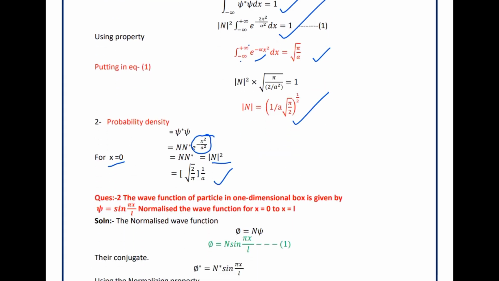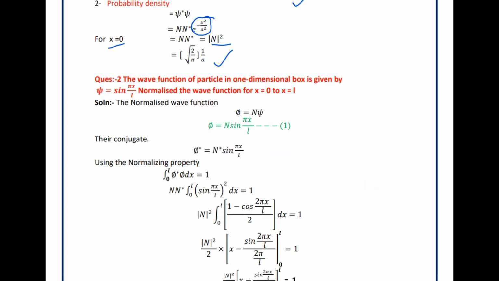Now take another example. The wave function of a particle in a box is given by psi is equal to sine pi x by L. Normalize the wave function for x equal to 0 to x equal to L. Now multiply this wave function with a normalizing constant n, so phi is equal to n psi.